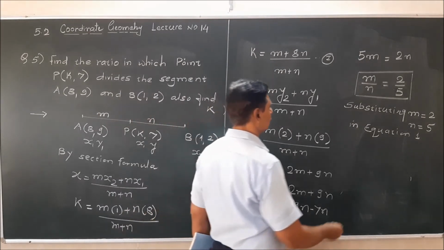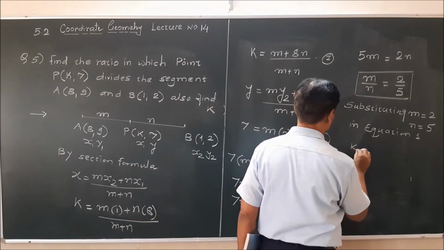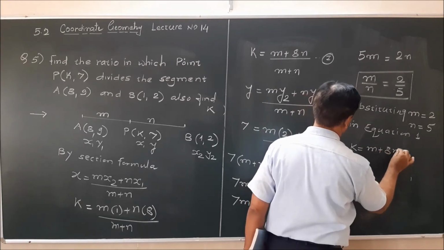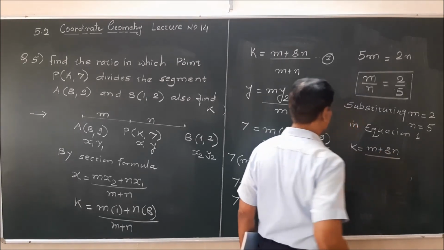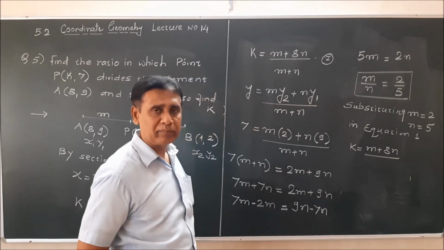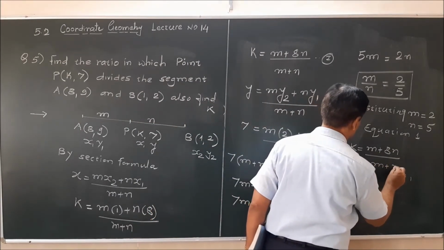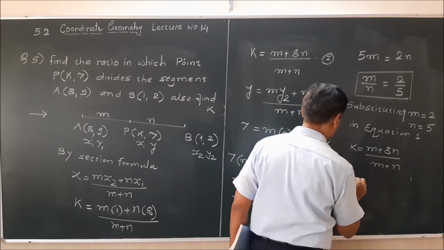So k is equal to (mx2 plus nx1) upon m plus n.